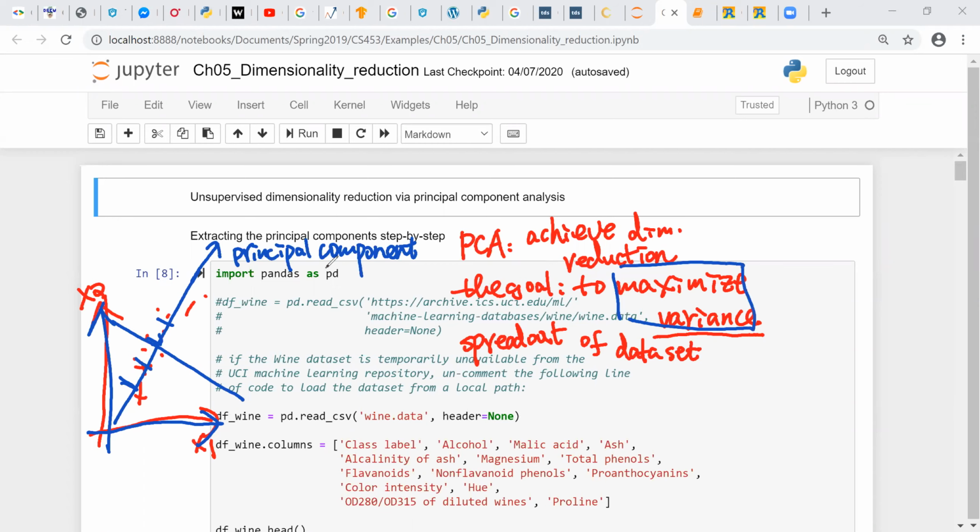So that's the goal of PCA and why it can achieve it. With PCA, a lot of the time it helps to reduce noise, because you're maximizing the variance along the principal component. Okay, so this is PCA.